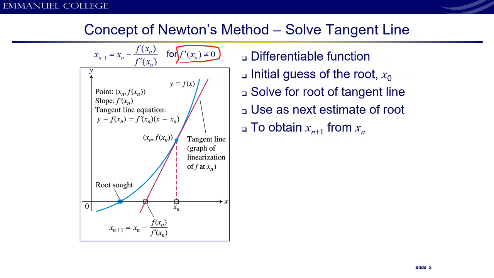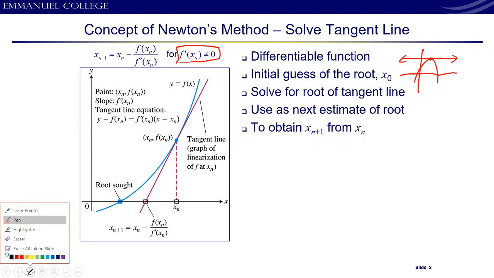Another reason it doesn't work: if you have this function, here's where the derivative equals 0. If I draw a tangent line, it goes off forever. This is never going to touch the x-axis, so that's why we can't have a derivative be 0.